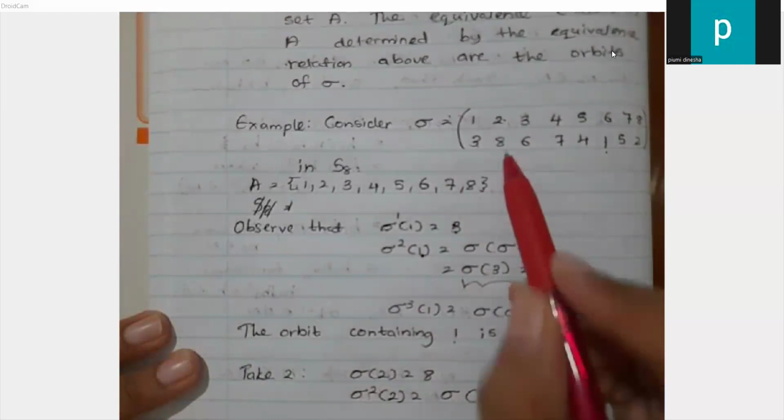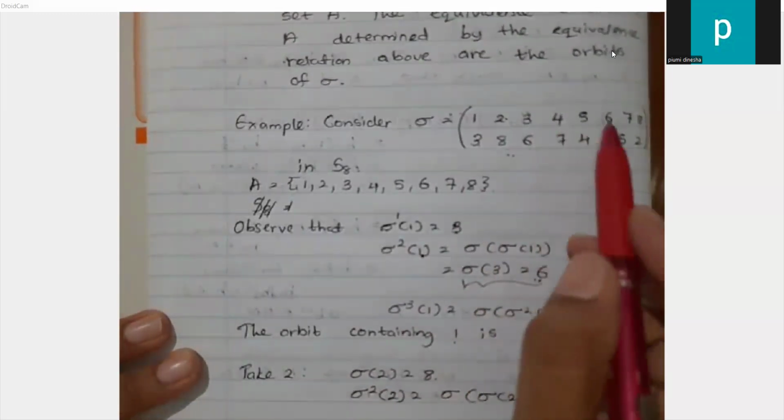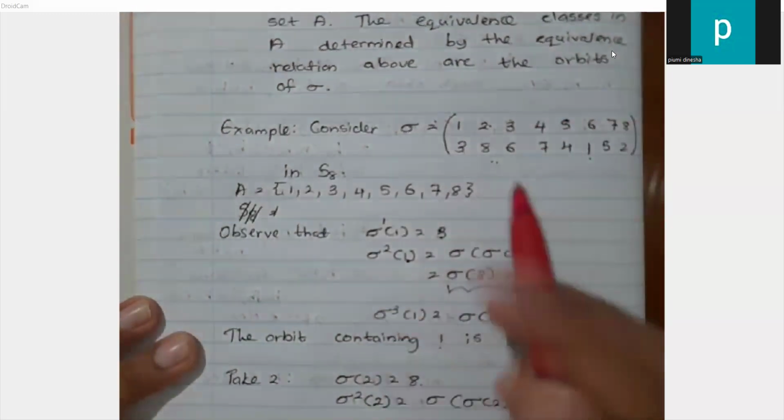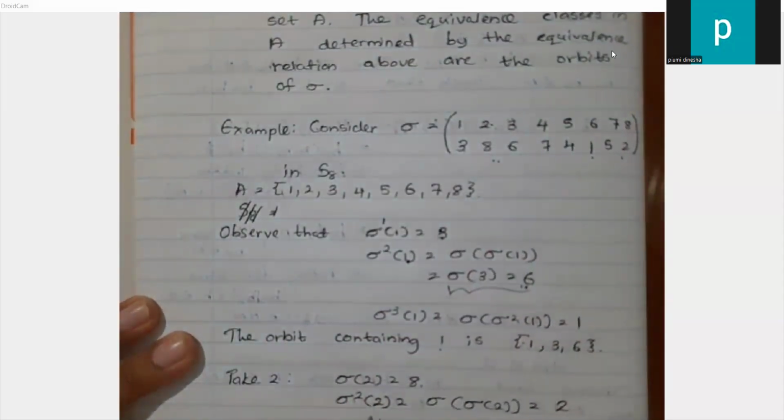Now let's calculate sigma squared of 2. This would be sigma of sigma 2. Sigma 2 is 8, right? And 8 through sigma is sent back to 2. So sigma squared fixes 2. And if you calculate sigma cube, we come back to 8.